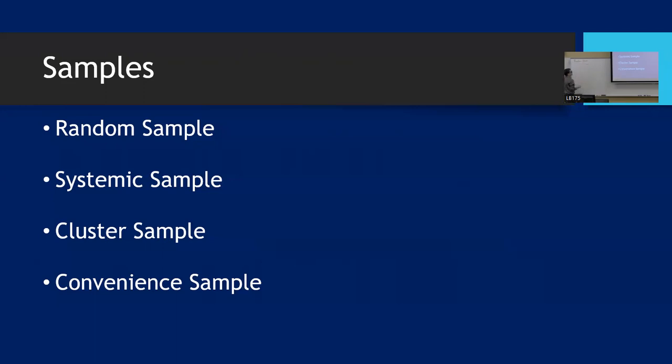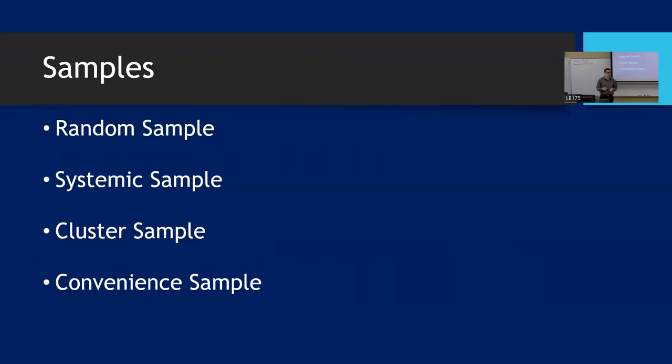In a random sample, the researcher doesn't know what the sample is going to be. All right. Now, there's a couple of different ways we can do that.